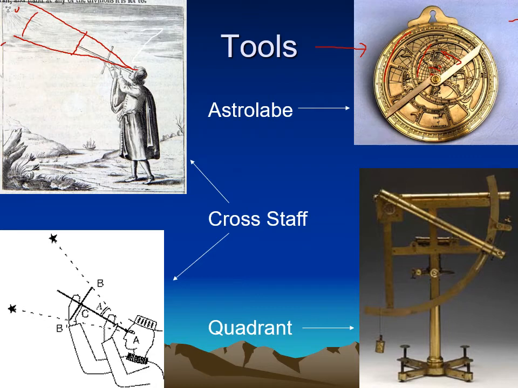It's very similar to your planisphere, except the astrolabe is like a planisphere on steroids. It does a whole lot more than your planisphere does, and was actually used to some degree for navigation. And then they later developed something called a quadrant, which is basically like a fancy protractor to measure the sky. And then an improved version of that became a sextant.